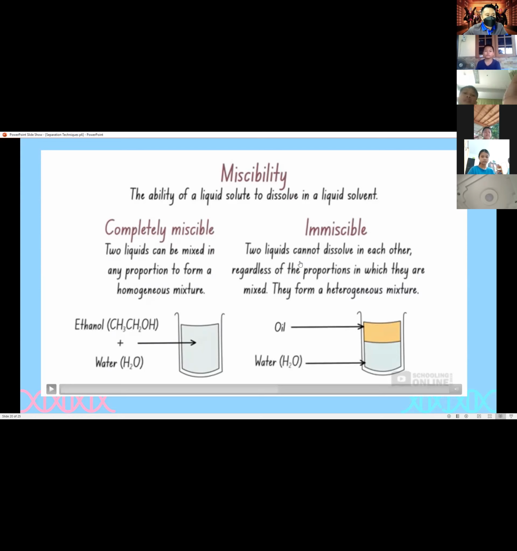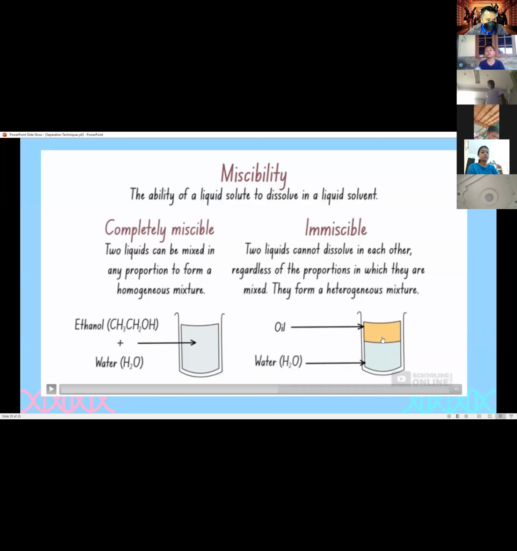Okay, so if you look at this picture, ethanol and water can be mixed because they are both the same kind of substance. While here in immiscible, oil and water, water is denser, or heavier, than the oil.